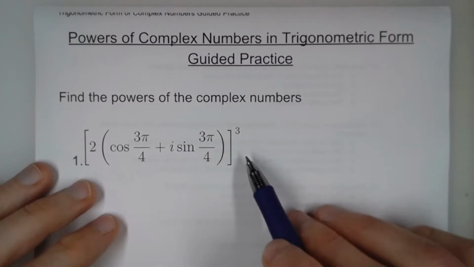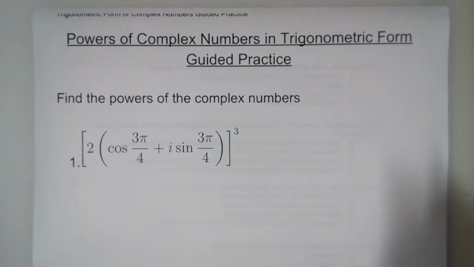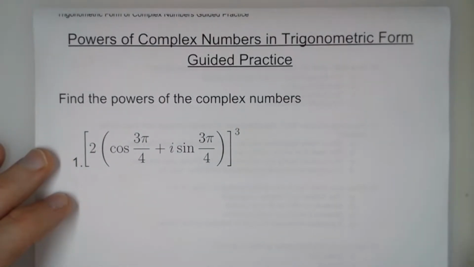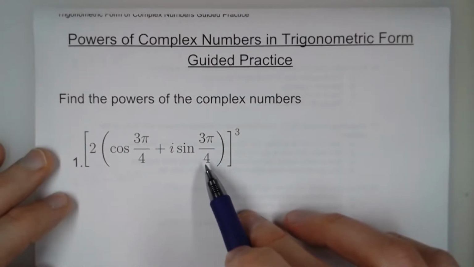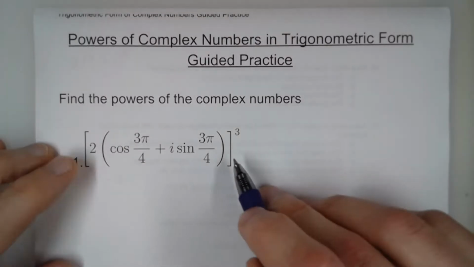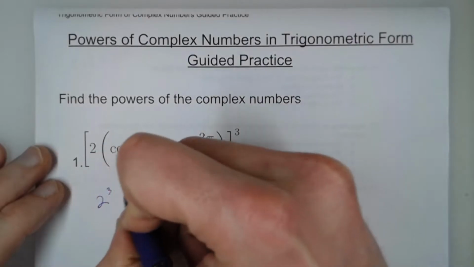Now, if you wanted to, you could write this out as this number times itself 3 times, but that's a little tedious. And what would happen is you would multiply the magnitudes and you would add the angles. But a shortcut is to say, well, if we're going to multiply this 3 times, let's just write it like that, 2 to the third.